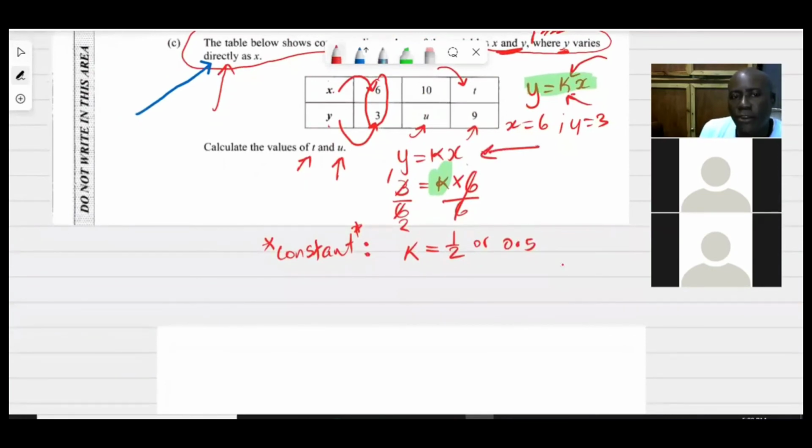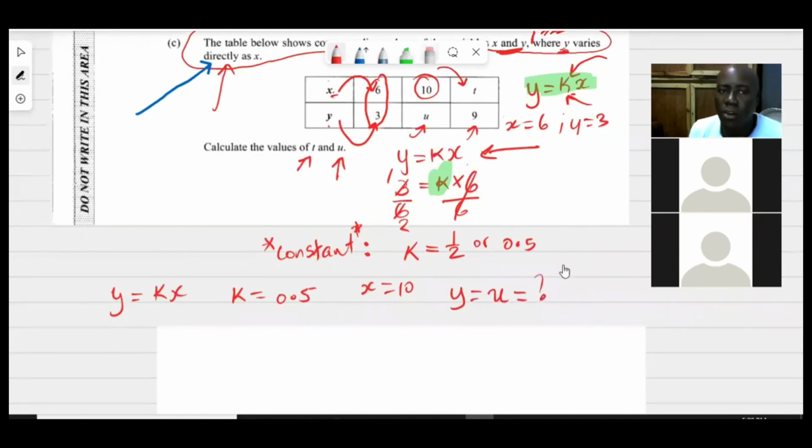And solve for u. Watch this. Remember that y is equal to kx all the time until this question is finished. Now you know that k is 0.5, or you can use a half. Now you know that x is 10 right here. But if you ask me what y is, I don't know. They said it is called u, and they ask, can you find the value? No problem. In other words, y is u.